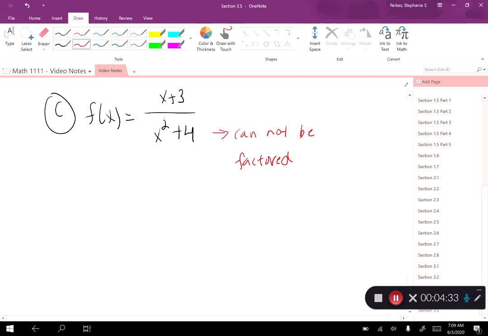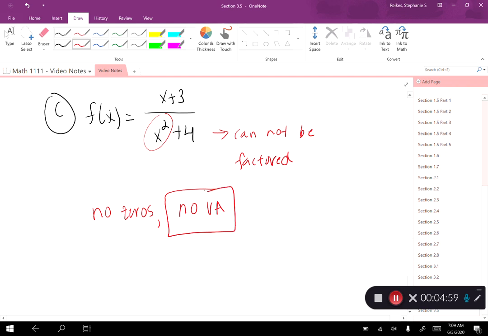Now, because of the square term, no matter what number I plug in for x, when I square it, it's going to become positive, and then I'm going to add 4 to it. So this particular problem actually has no zeros, and therefore, this particular problem has no vertical asymptote, so no VA for this example.